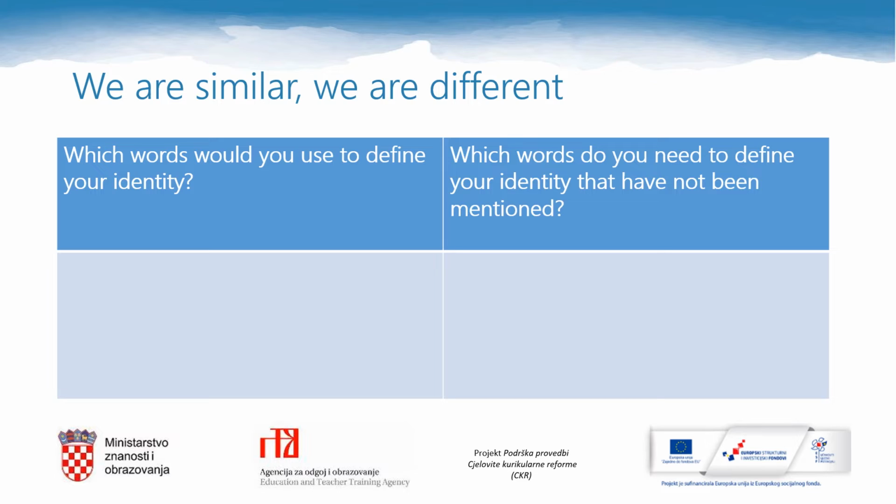Pick them, choose them, copy them on the left-hand side. Then think about what else you would like to say about yourself that hasn't been mentioned. Think of the words that you need to define yourself, to define your identity that haven't been mentioned. Write them in the table. You will need them for later.